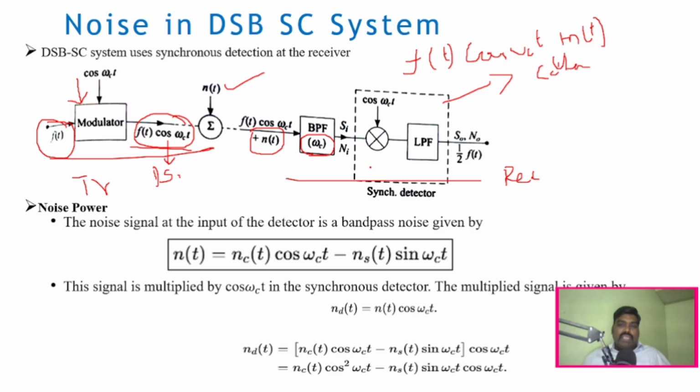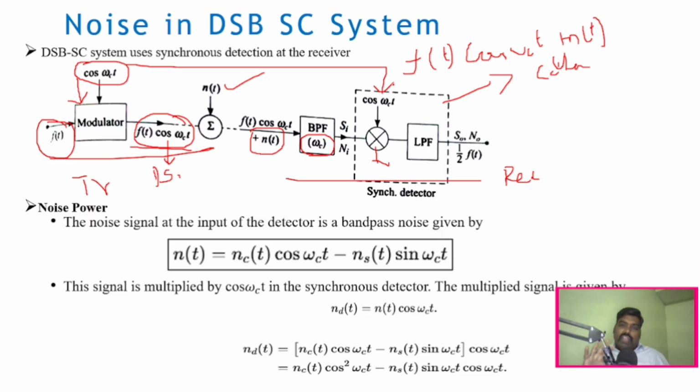That's because we are using a product modulator and we are going to use the carrier signal. That is, whatever carrier signal is used at the transmitting side, if you regenerate the same carrier signal at the receiving side, then that detection is called coherent detection.